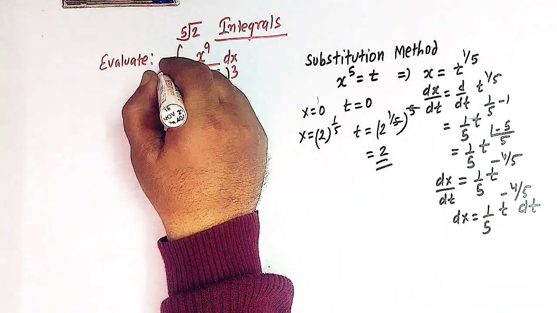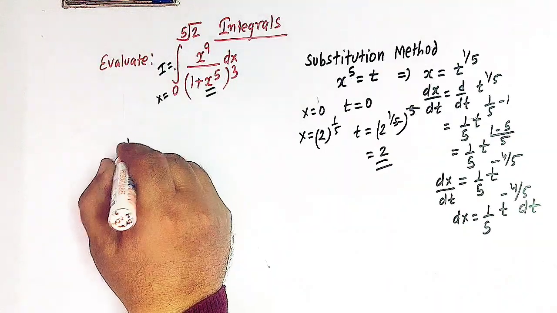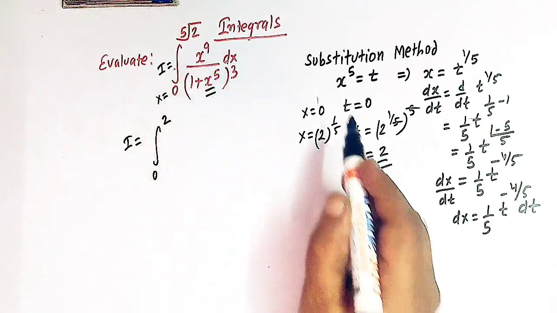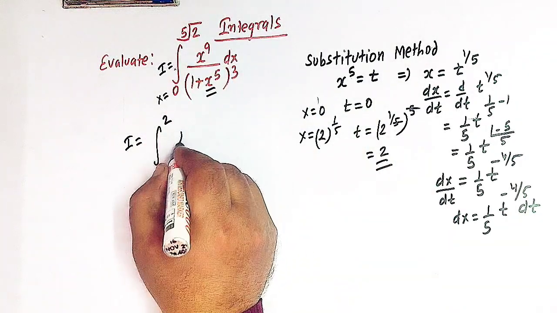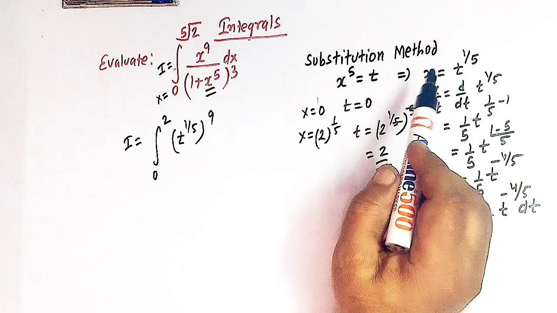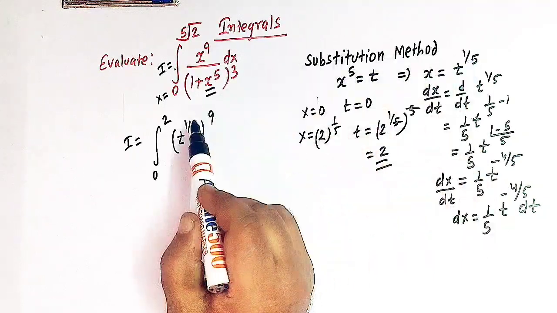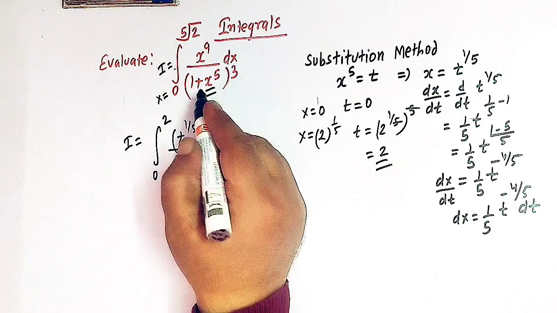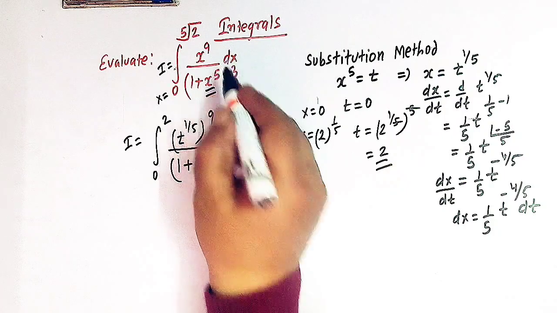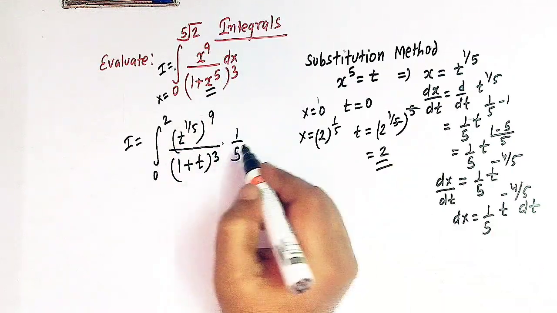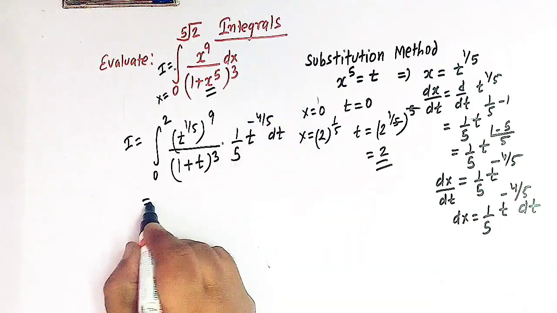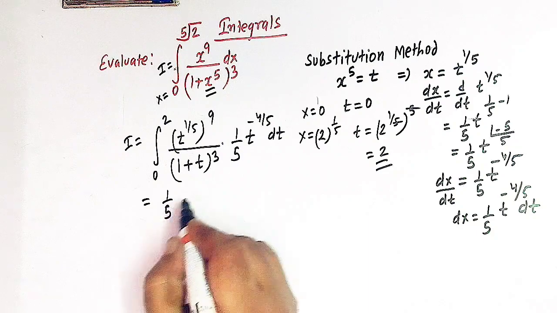So now we can write this integral I as integral from 0 to 2, and x raised to 9 can be written as t raised to 1 over 5, all raised to 9, right? Because x is t raised to 1 over 5. So here we have now (1 plus t) cubed, and for dx we can now write 1 over 5 and t raised to minus 4 over 5 dt. So now we can take 1 over 5 outside the integral.